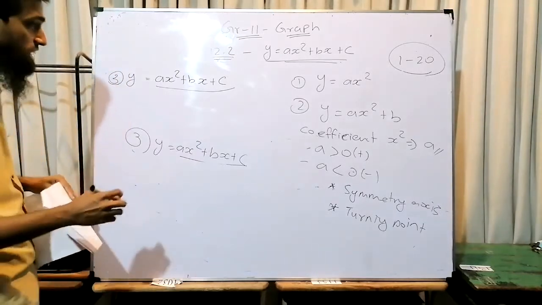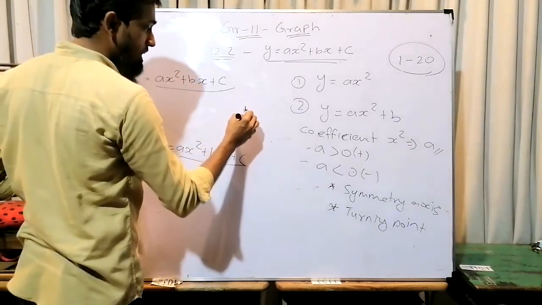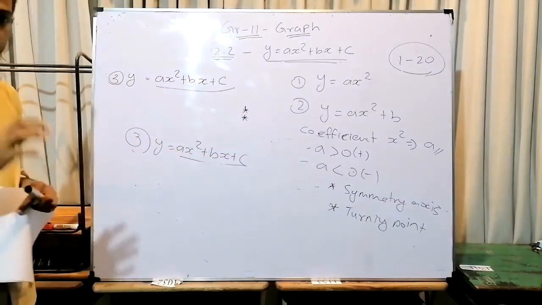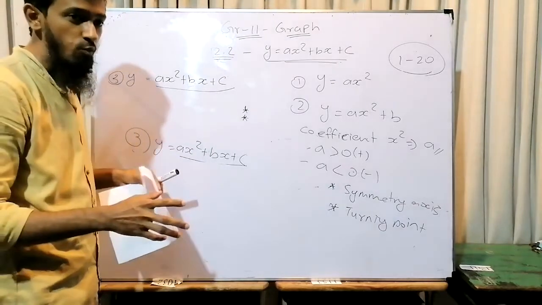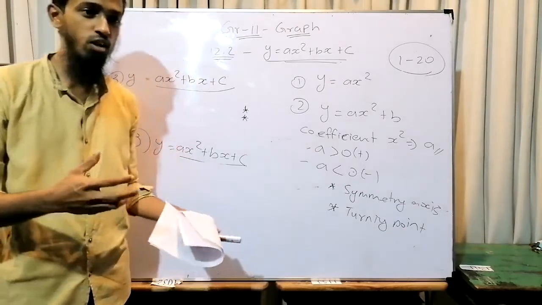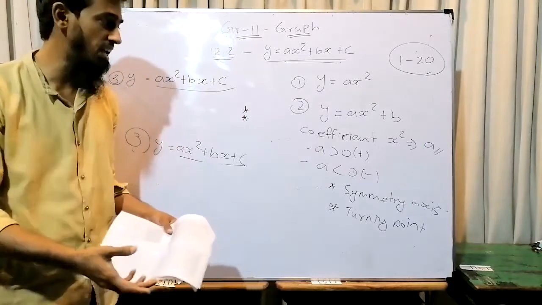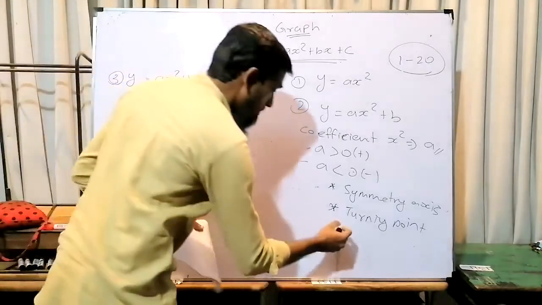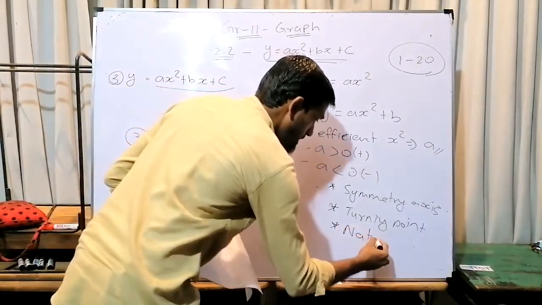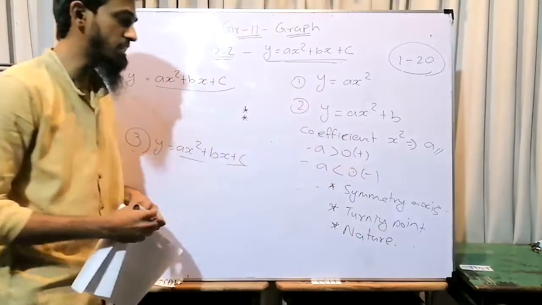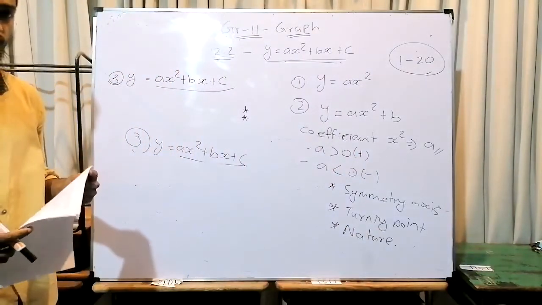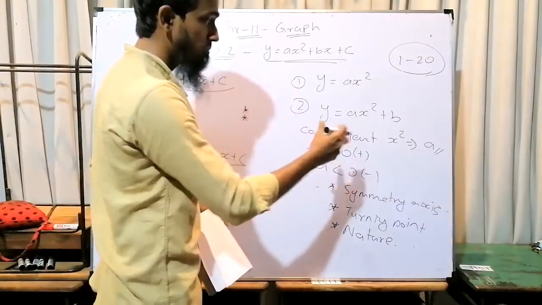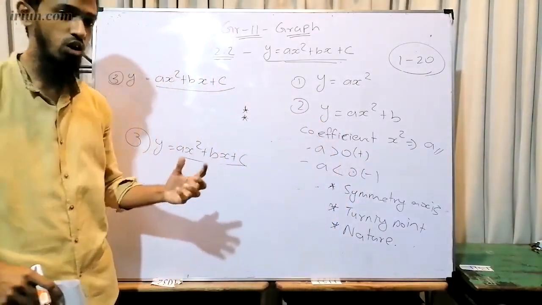The second point you need to remember: without drawing the graph, we can't say anything about these three, the nature of the graph, symmetry axis, and turning point. Because for symmetry axis and turning point, we need some points to get the answer.